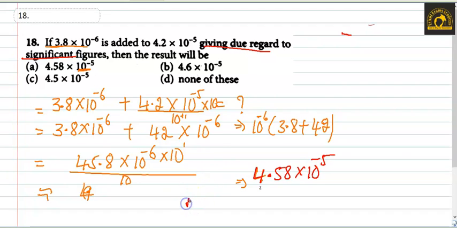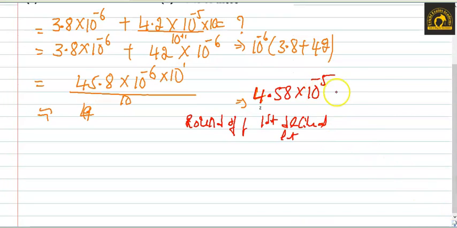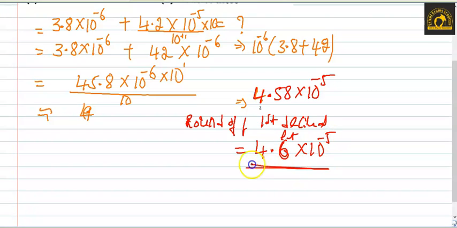Round off to the first decimal point. So 4.5, the next digit is 8, it is above 5, so that becomes 6. 4.6 into 10 to the power of minus 5.